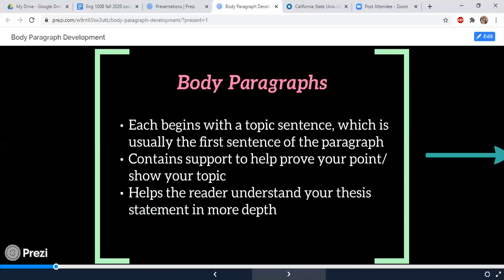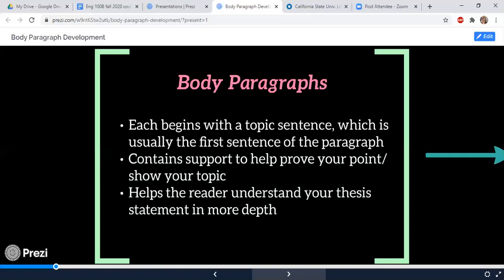So for example, this writer will most likely have multiple examples about people comparing themselves on social media to other people. But all of the examples should only be about comparing, and they shouldn't talk about status and success yet, because those are different topics, right? So remember, multiple examples are good and they're needed for the body paragraphs, but only one topic at a time, okay?